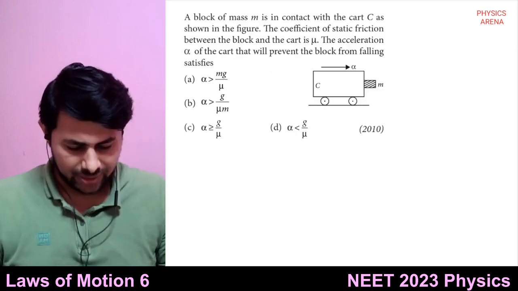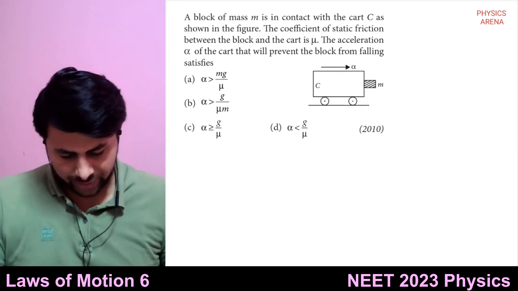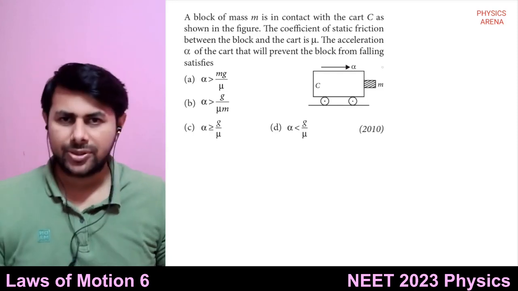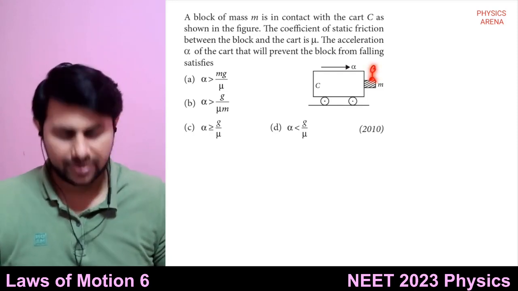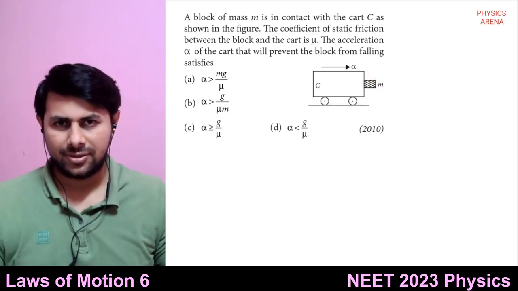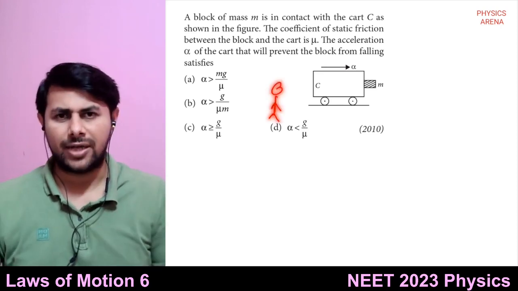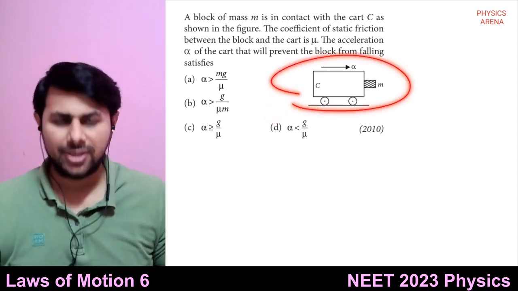Okay, let's proceed. Now let's suppose the observer is here. The observer is also in acceleration. Earlier we considered the observer standing on the road and watching these two bodies.